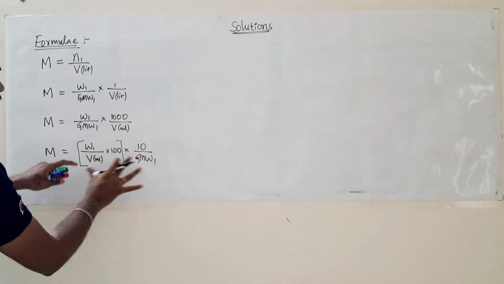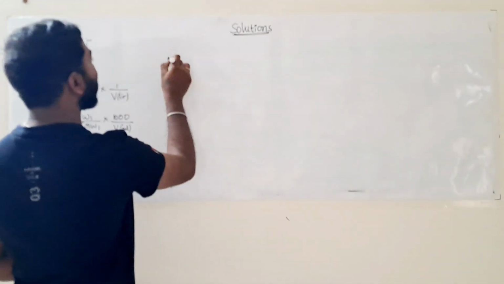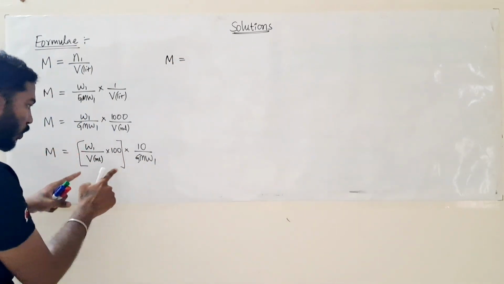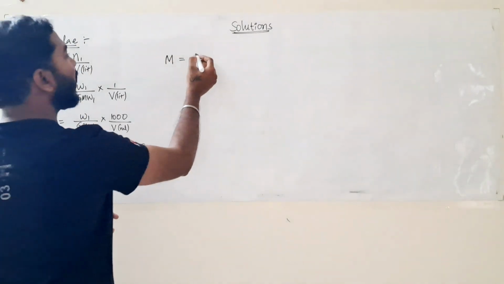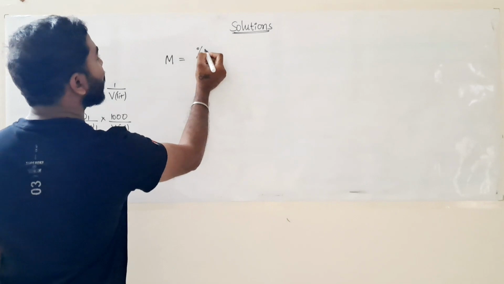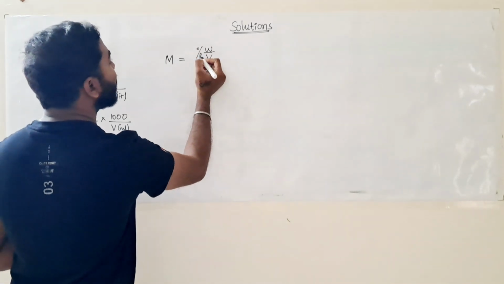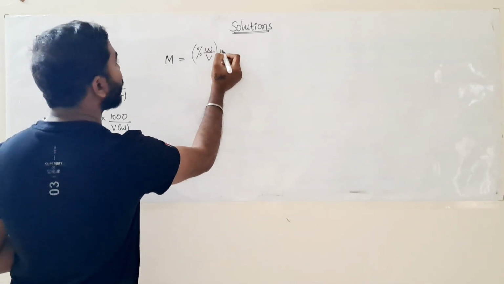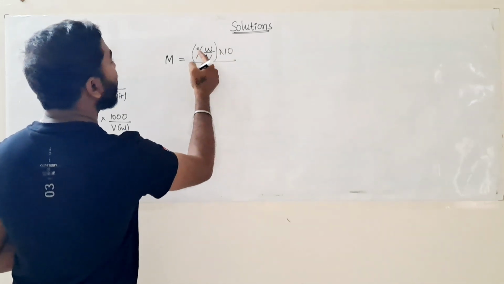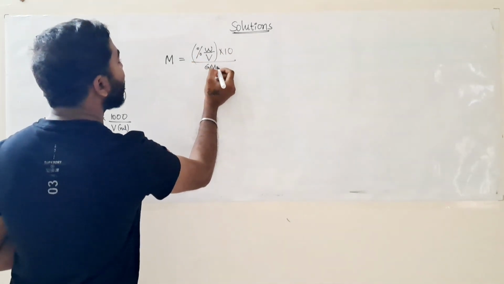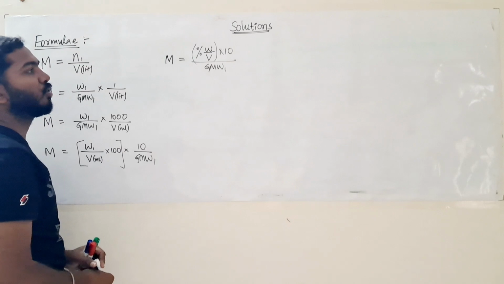So this part, if you observe carefully, is nothing but weight by volume percentage, which we have already discussed in the previous video. So that is going to be weight by volume percent into 10 by gram molecular weight of the solute.